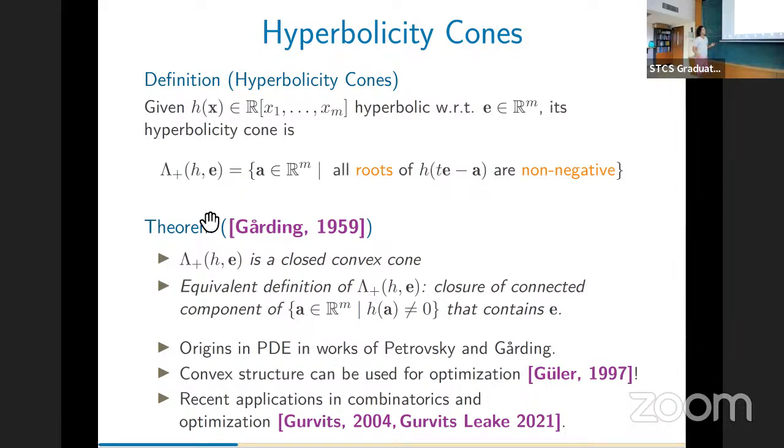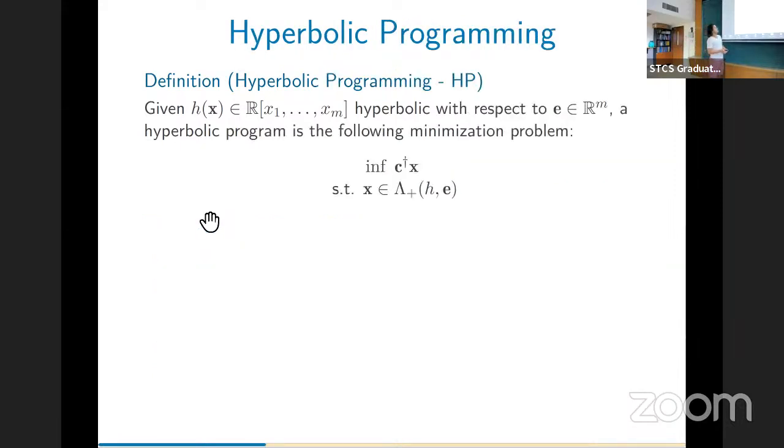Okay, so now we have convexity, we can try to do some sort of programming, right? So we have hyperbolicity cones, we're going to do hyperbolic programming. If I'm given a hyperbolic polynomial with respect to E, a hyperbolic program will just be the following minimization problem. I'm going to minimize in a particular direction, such that X always belongs to the hyperbolicity cone, right? So you can see that this already generalizes linear programming and semidefinite programming.